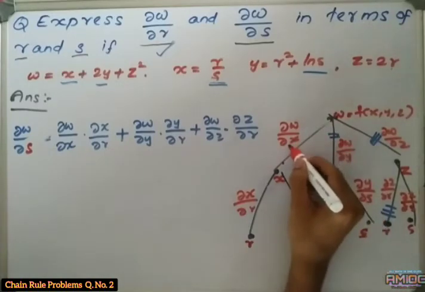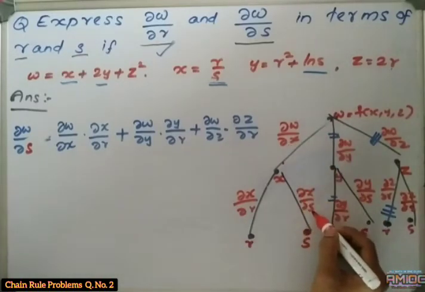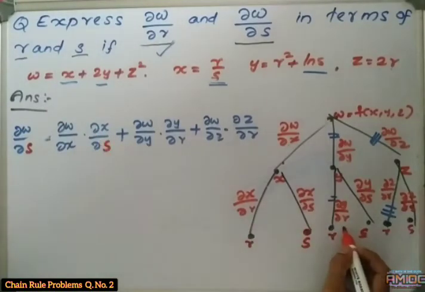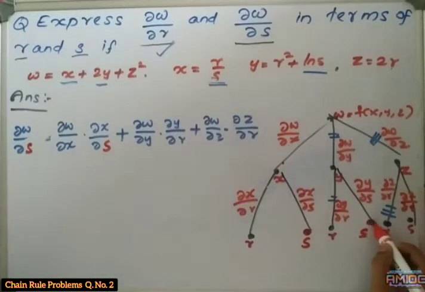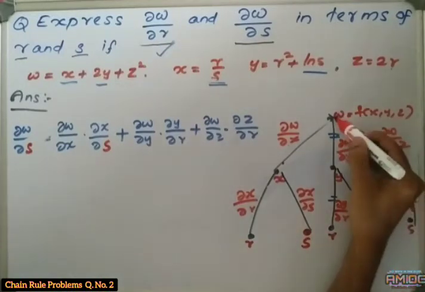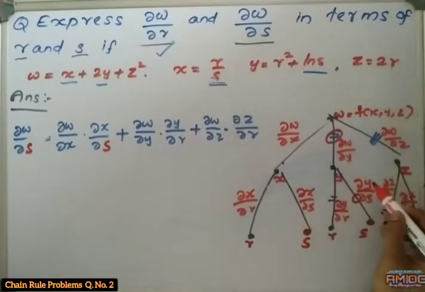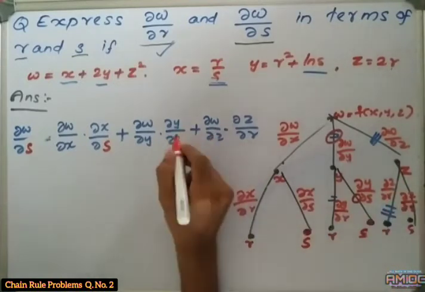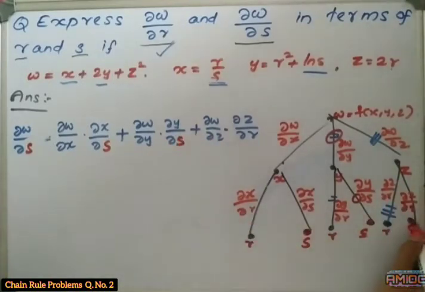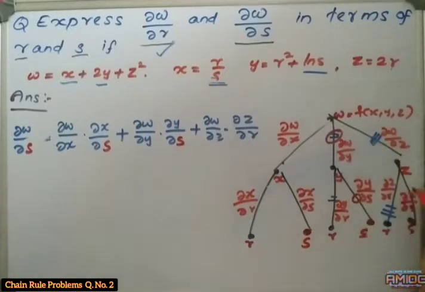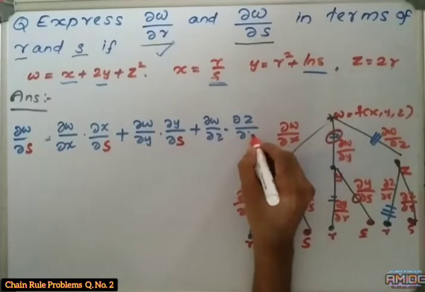Therefore, dou w by dou x into dou x by dou s, plus, to this point we can reach from w by composition of these two parts, dou w by dou y and dou y by dou s, and to this point we can reach through these paths and the composition of this path. Here dou w by dou z, and here dou z by dou s.